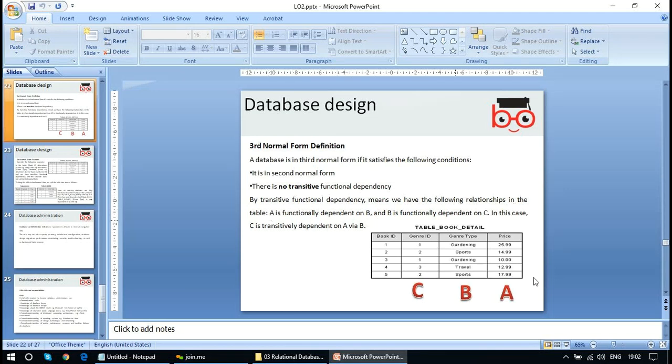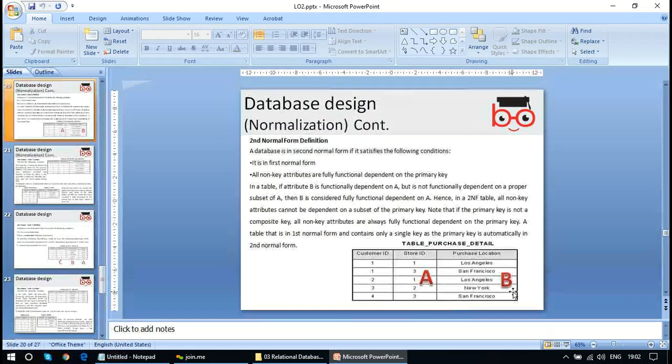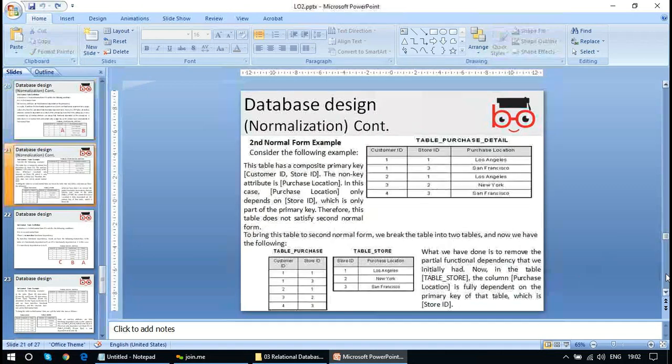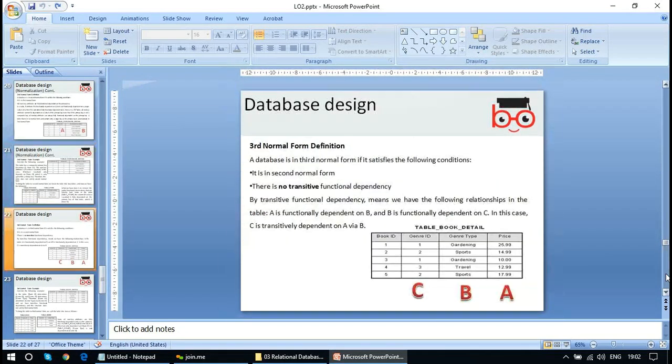A is functionally dependent on B, so price is dependent on genre type. Let's say this is book details, say gardening, and the genre type is dependent on the genre ID.